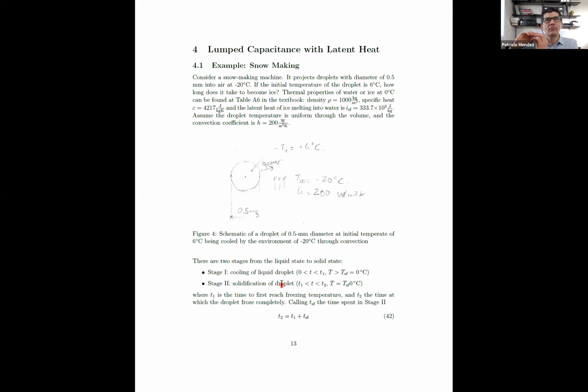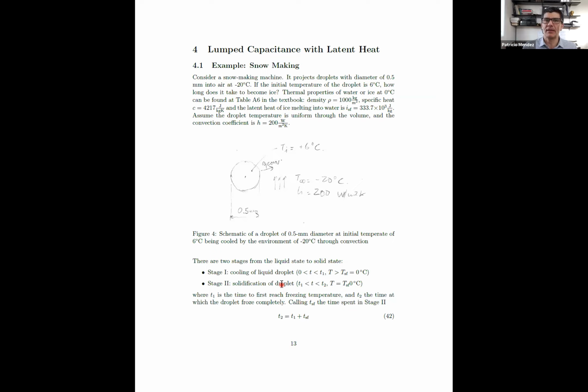And then, as the droplet keeps flying, it stays at 0 degrees while it's changing the balance between water and ice. And it's getting more and more ice as the droplet loses heat to the environment. But because we have a phase change, it's losing heat, but it's not changing temperature.